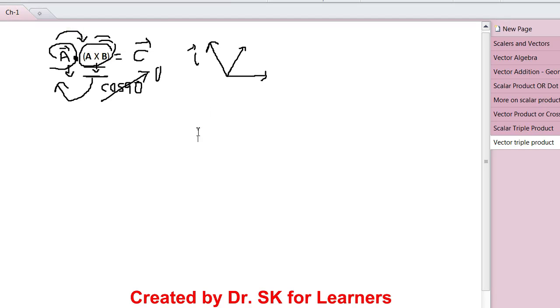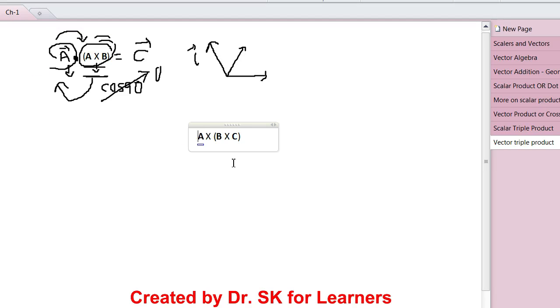So the same thing happened here. You were doing A cross B cross C, where B and C were inside a bracket, and these are boldface so that you know that these are vectors.